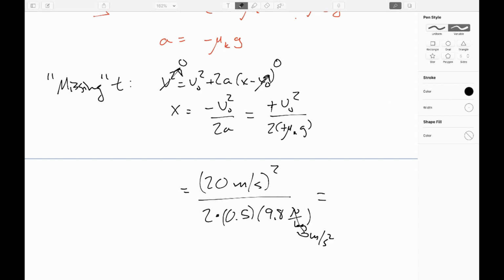In the denominator, I have meters per second squared. So I lose all my seconds and 1 power of meters. And I am left with my block sliding 40.8 meters. Awesome.